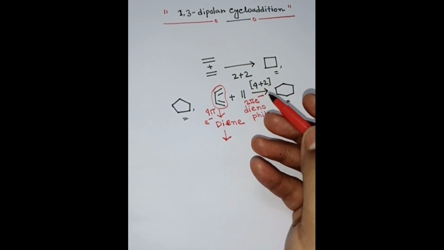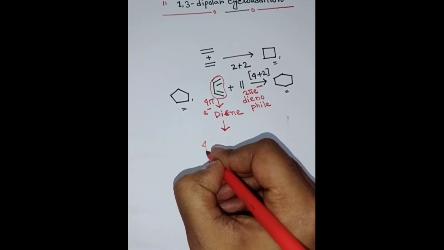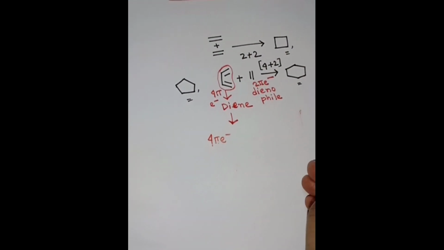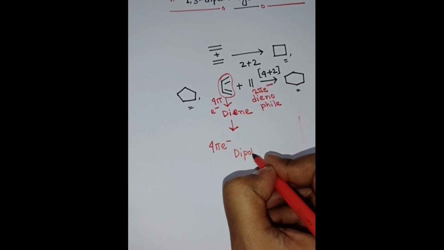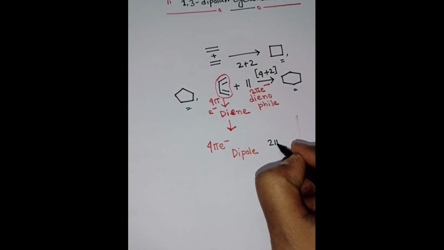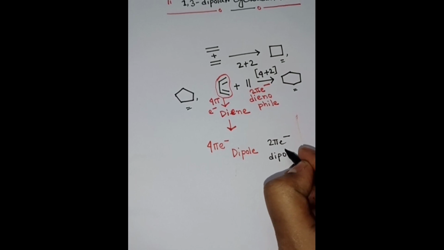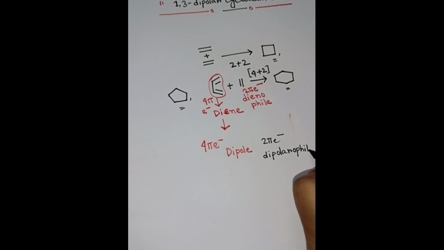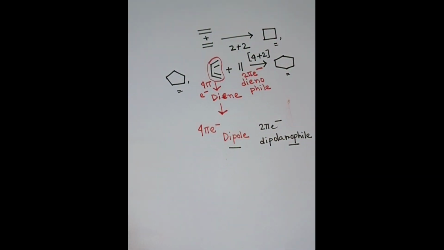So in 1,3-dipolar cycloaddition also, the component having the 4 pi electron system is called the dipole, and the 2 pi electron system is called the dipolarophile. So you need to know this terminology.